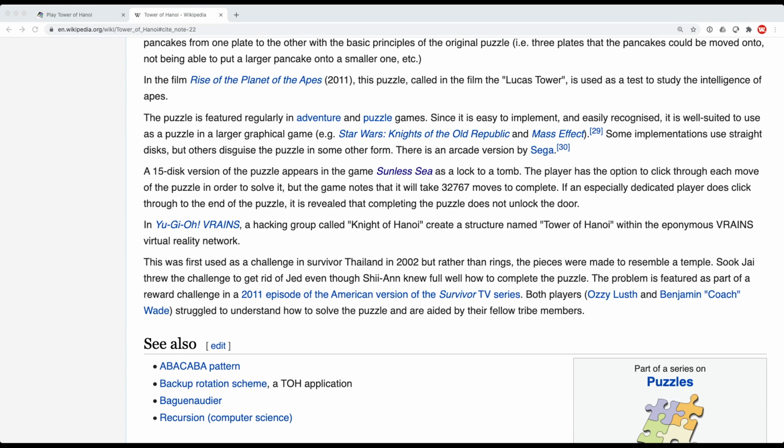So here start was B, temp was A, and end was C. Then I need to move 1 from start, which is B, to end, which is C. And then I've got to do Hanoi of 1 where temp was A and end was C, with B. Yeah, okay. So I've unwrapped it one more level.